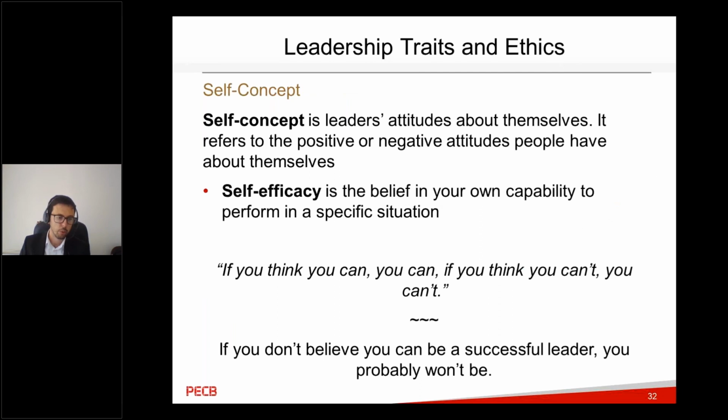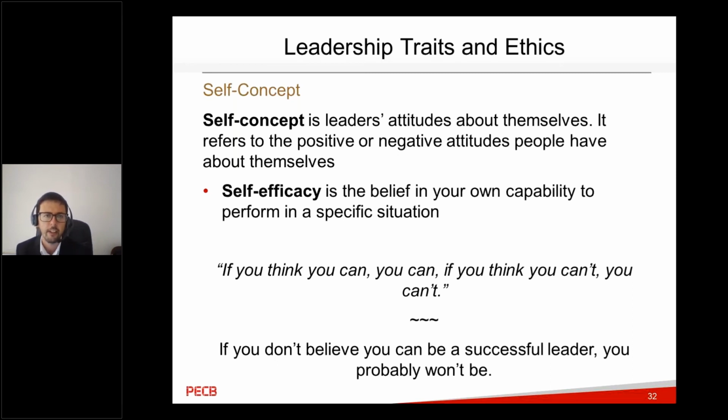So in order to project this optimism and to lift others up, a leader has to have this self-concept. When we're talking about self-concept, we're talking about the way that leaders see themselves. It refers to the positive or negative attitudes that people have about themselves.